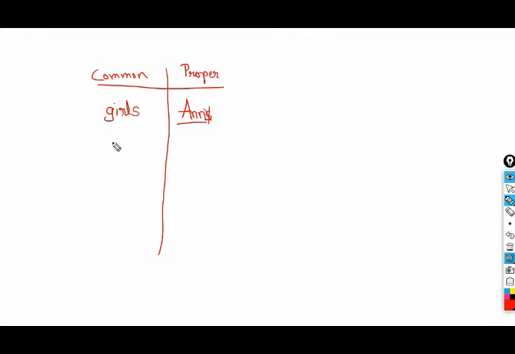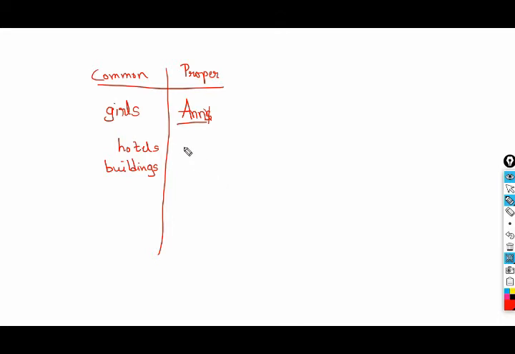Now, there is another important point that you will have to know about common and proper nouns, or I would say capital and small letters. For example, the word hotel or words like building. In general, the words like hotel and building are common nouns because you can make them plural. You can make hotel into hotels, building into buildings. But whenever a common noun associates with a proper noun, even we write that common noun as capital.